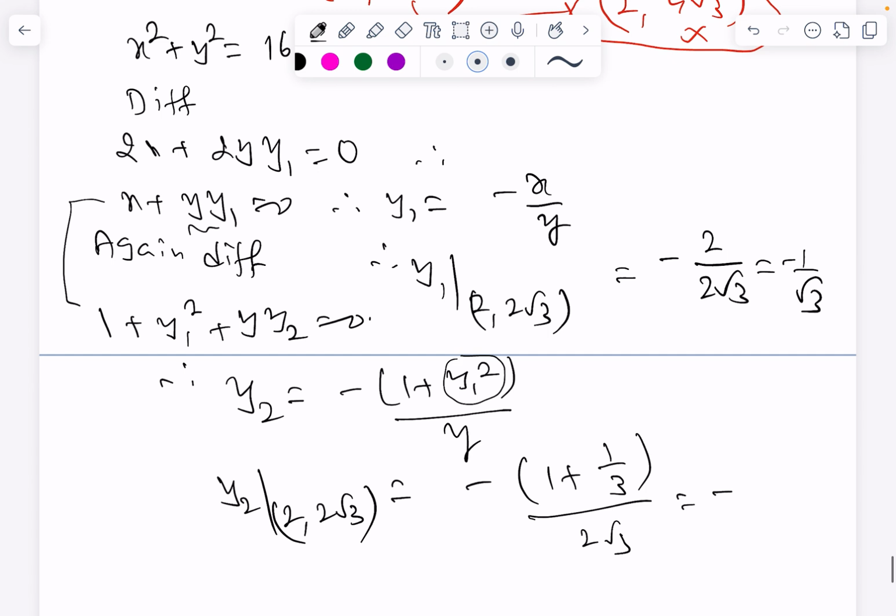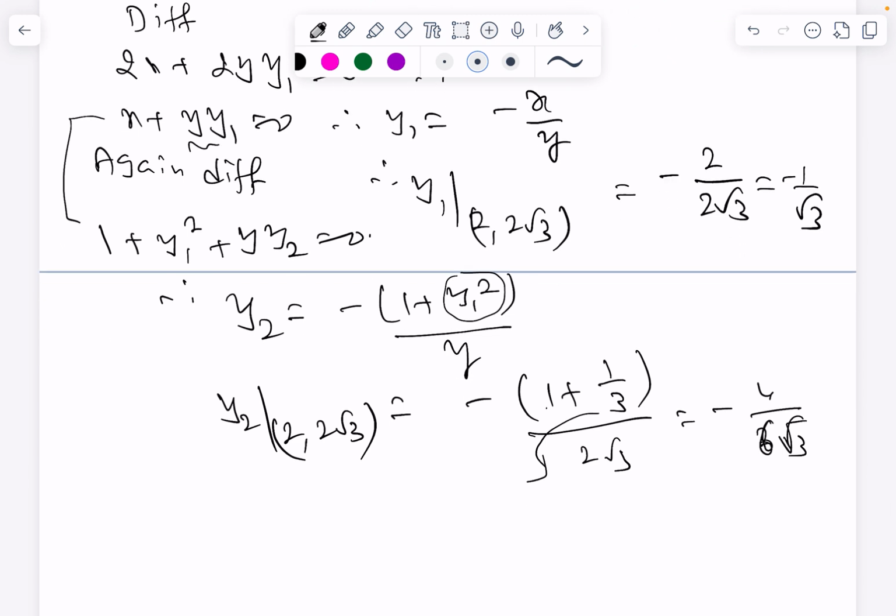So this is minus 3 plus 1, 4 by 3 in the numerator, and 2 in the denominator, so 2 into 3 into root 3. So that is 6 root 3.